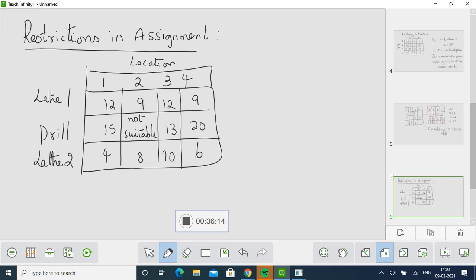Now please look. What is not suitable? The drilling machine is not suitable for the second location. So you have to make it infinity.